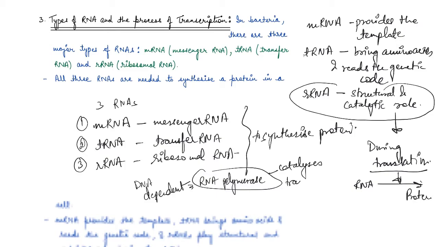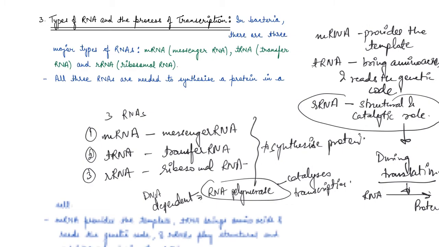This catalyzes transcription of all types of RNA in bacteria. Now, this RNA polymerase binds to the promoter and initiates transcription. This process is known as initiation.